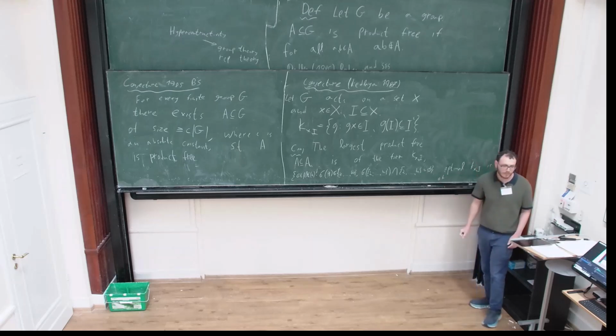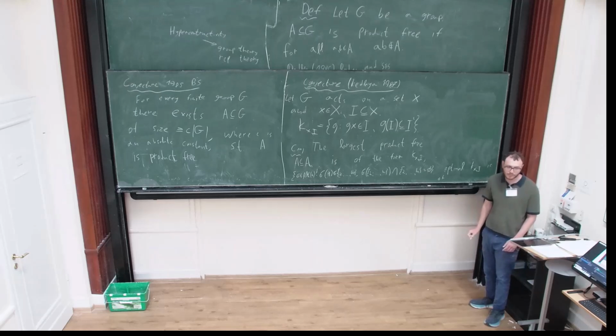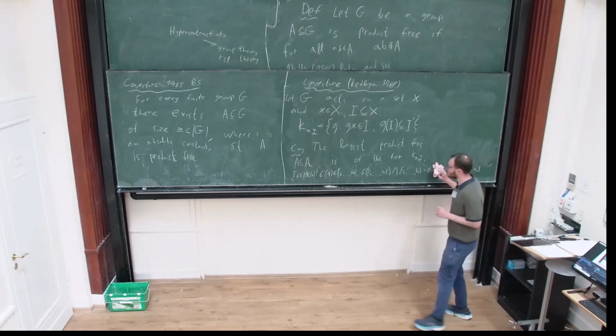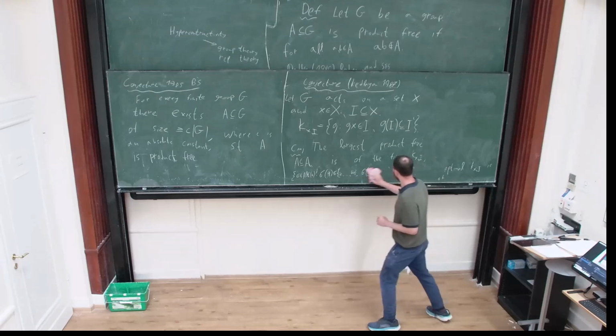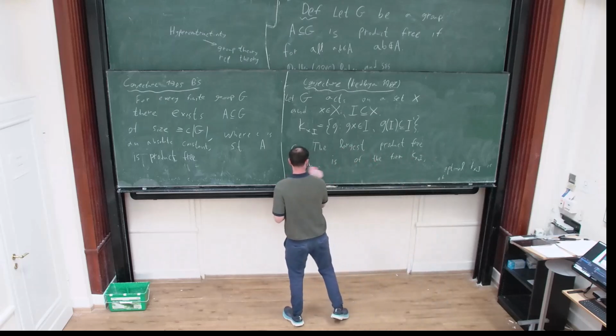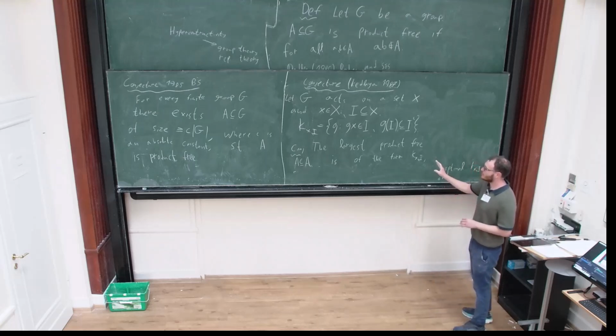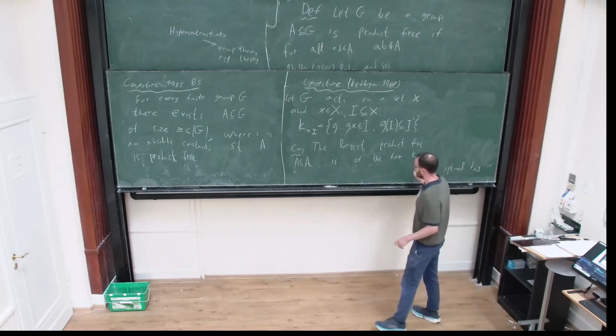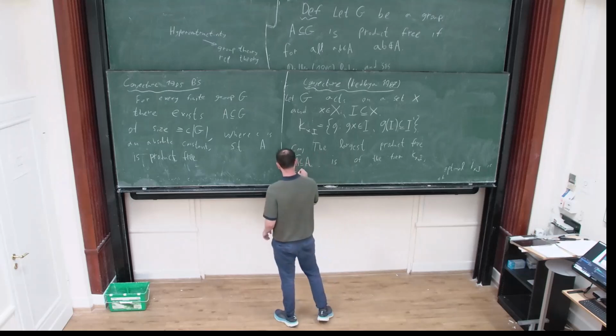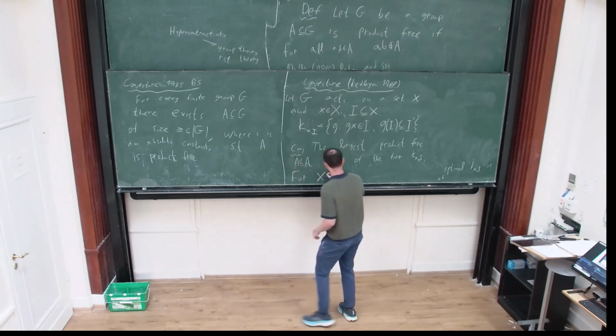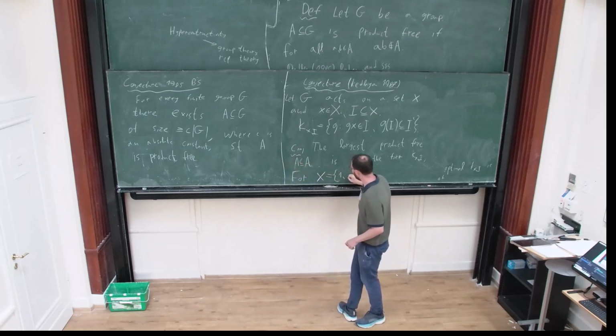So the largest product-free subset is of the form K_{x,I} for, let's say, x being 1, and X the set 1 up to n.